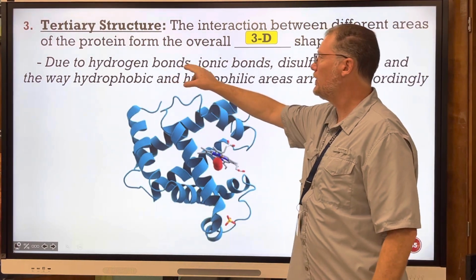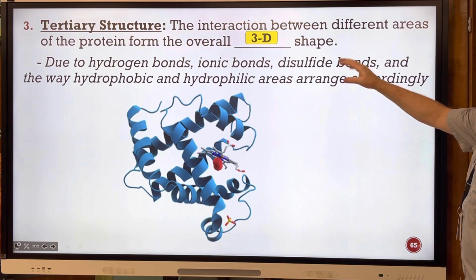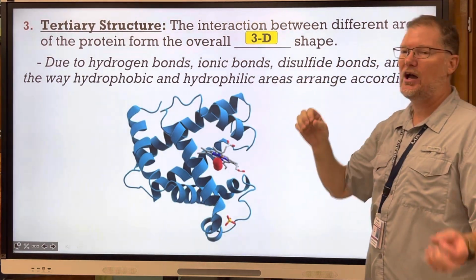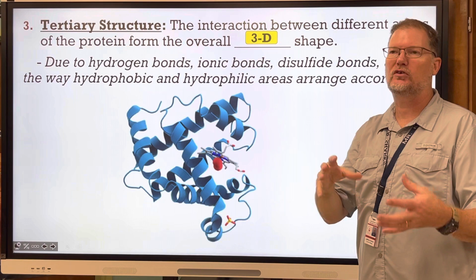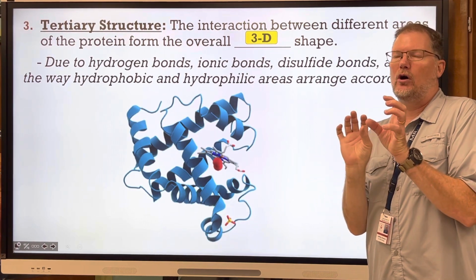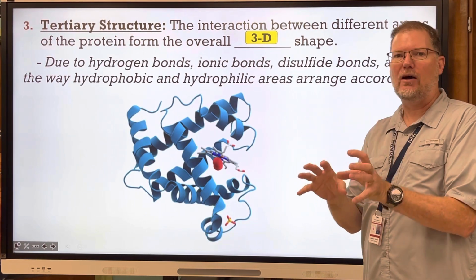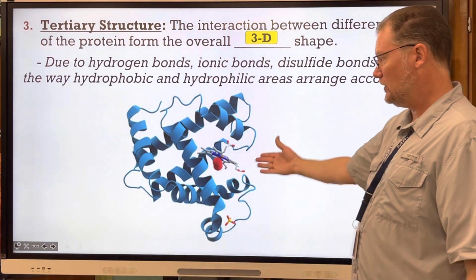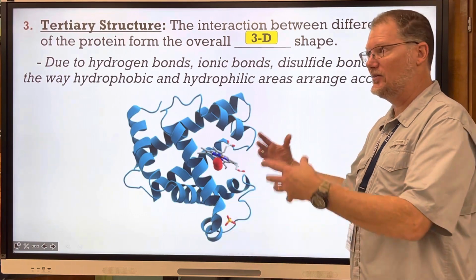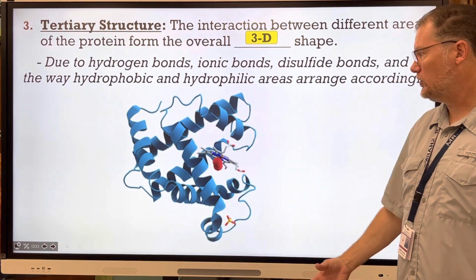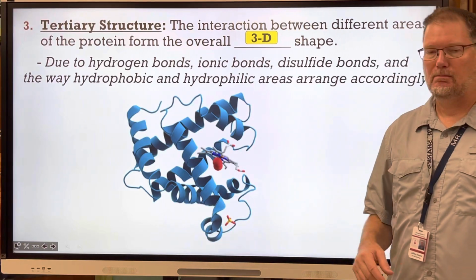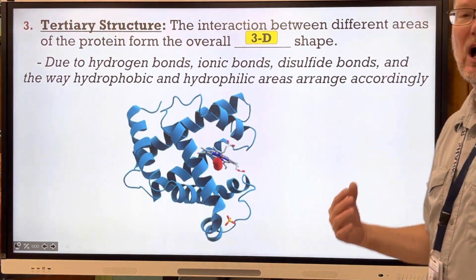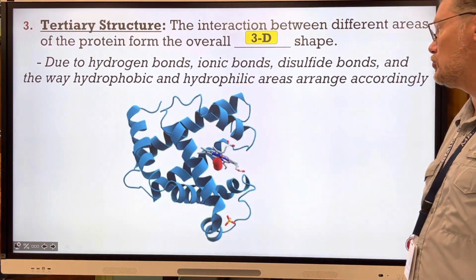Due to hydrogen bonding, ionic bonds, other bonds called disulfide bonds, and the way that hydrophobic and hydrophilic portions of the molecule are interacting with the fluid around them, they're going to take different orientations in their environment. Okay, and if you see something like this in the future, that is a protein, and all the amino acids are all folded up, and then it does its job. Believe it or not, it does its job that way.